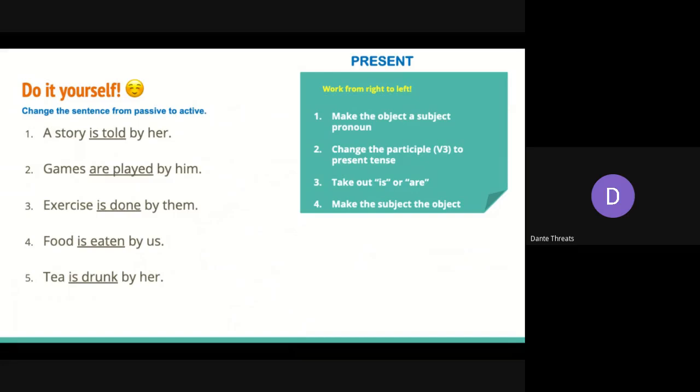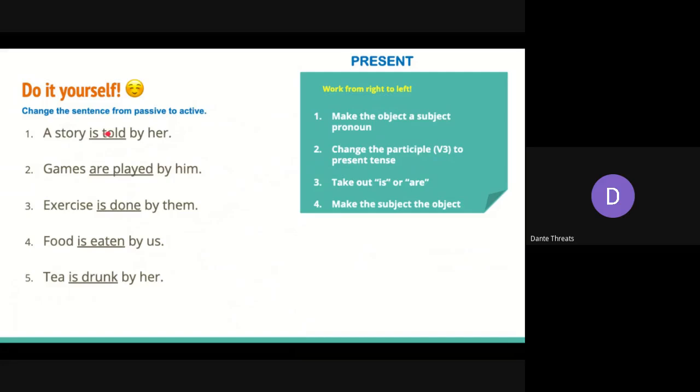Here we have to change them from passive to the active voice. We make the object a subject pronoun. So the object becomes a subject pronoun, so we change her to what? She. Then we change the participle to present tense. Told would be the participle, so she tells, right? The participle is changed to present tense.